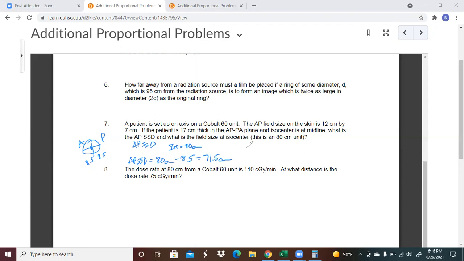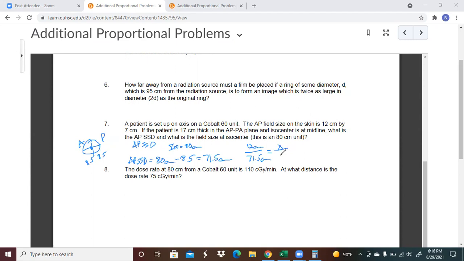Now, what is the field size at the isocenter? We know what it is at 71.5, but we need to figure out what it is at the isocenter. So we know this is what's going on at the AP SSD.